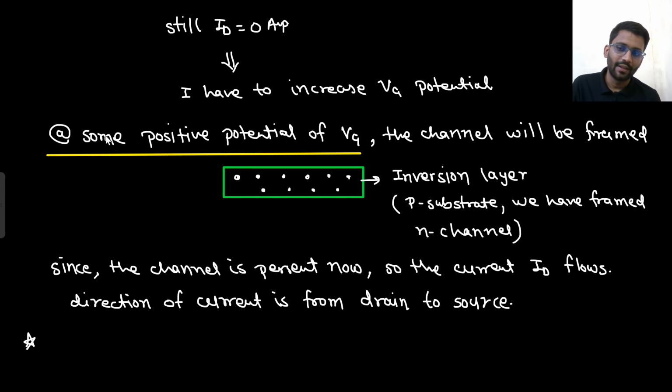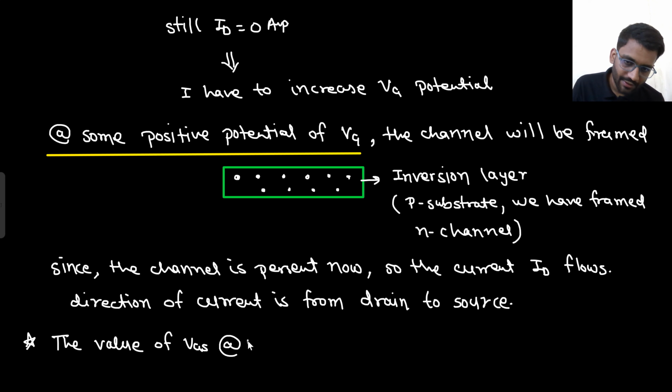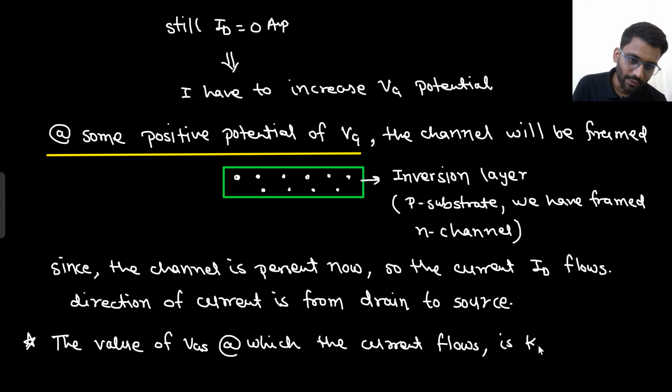Did you understand it? At some positive potential of Vg that is happening, so the value of VGS at which the current flows is known as threshold voltage.